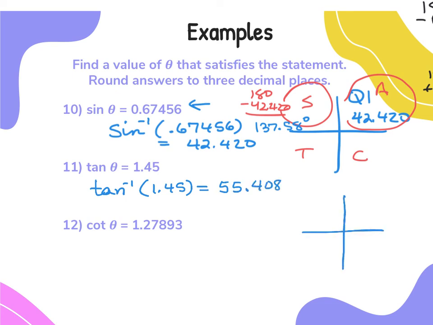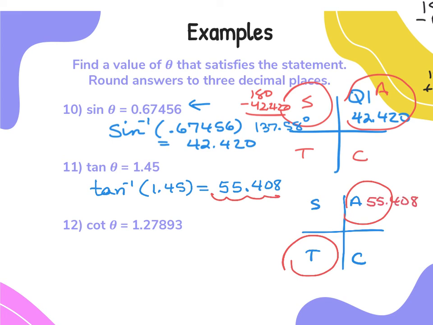I'm going to do my little "All Students Take Calculus." I need to figure out where tangent is positive. It's positive here and here. Remember, the answer we just got is for quadrant 1. It's our reference angle.